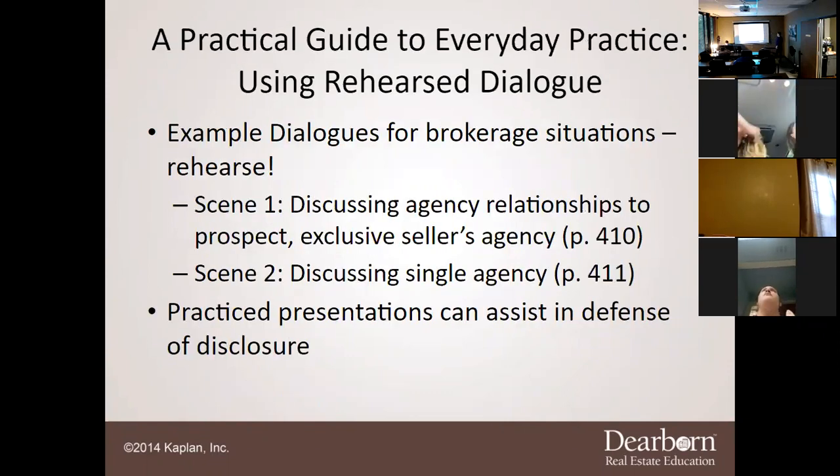Here's some examples. Those are dialogue situations you've seen, you can possibly use and rehearse. So there's a couple scenes in your book, if y'all want to go through that. It's just examples of rehearsed dialogue, which just means dialogue that you would use in several different situations.